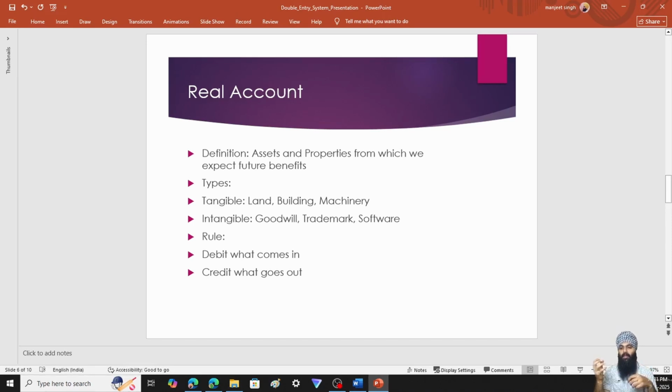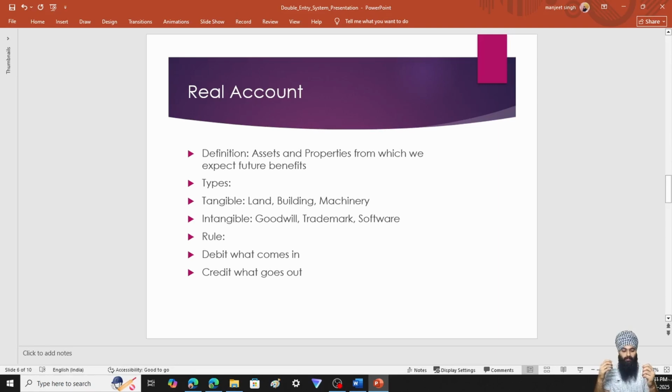And intangible assets are those like goodwill, trademark, software, copyright, which actually exist but we can't see or feel them. They are actually in the books and visible as an entry. And the rule of a real account is: debit what comes in and credit what goes out.